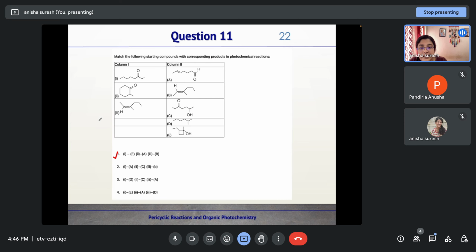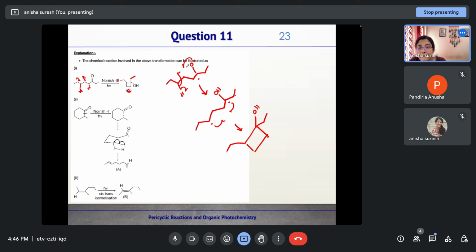And in the second case, a Norrish type 1 reaction will be taking place. So fragmentation will be taking place at this side. Then as we can see, a diradical will be formed. Then here abstraction will be taking place from this side.